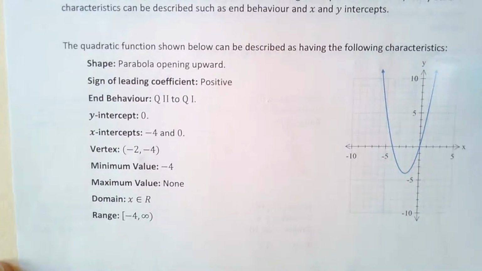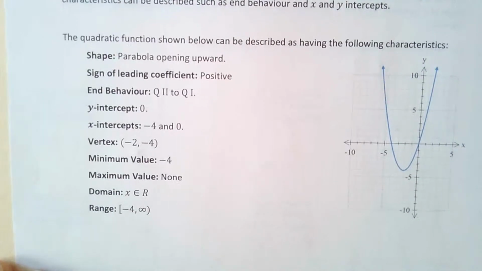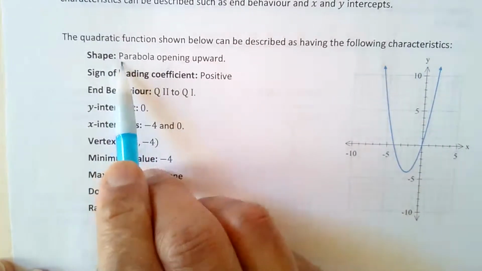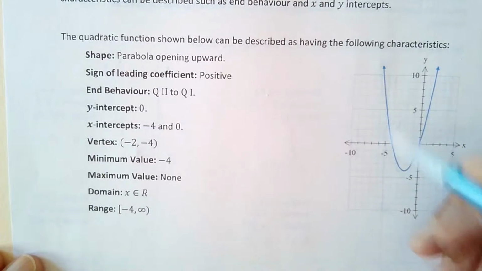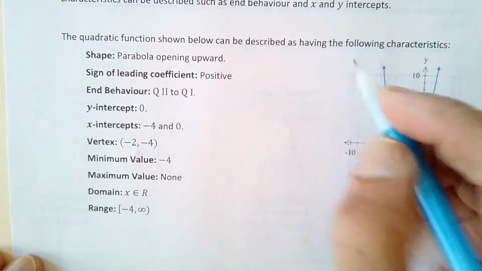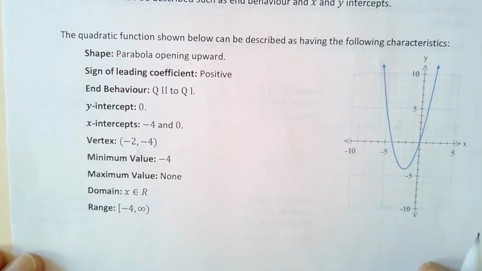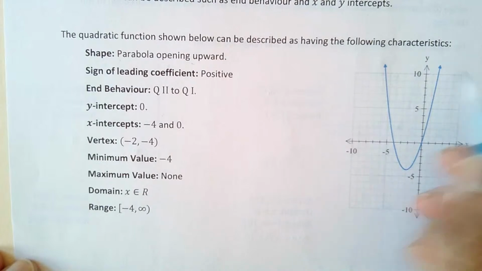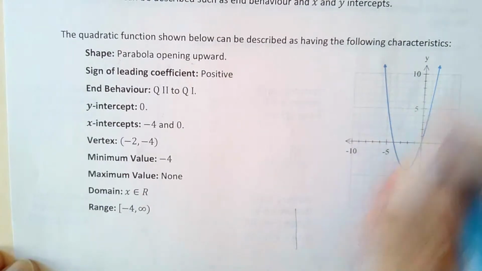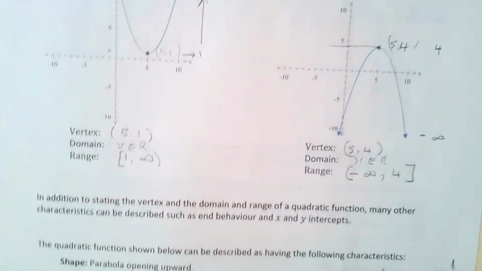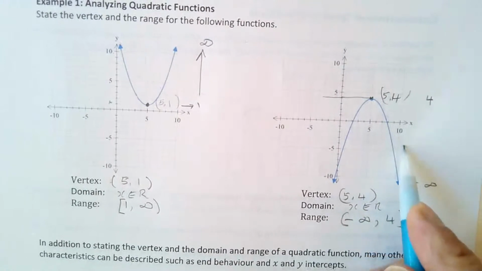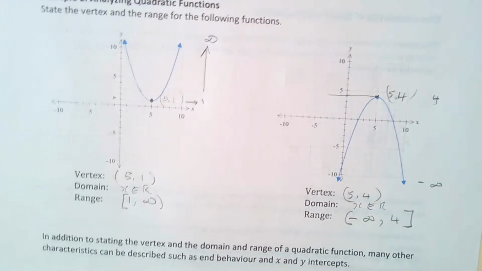So you're given a graph in this lesson, and you're asked the shape. If it's going up, you say it's moving upwards. Now, if the graph is going down, let's say this one we have here, then we say the graph is going downwards.